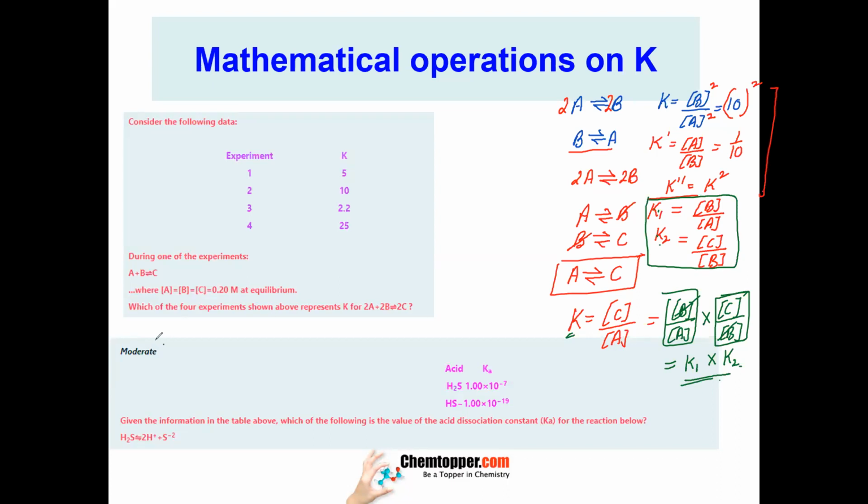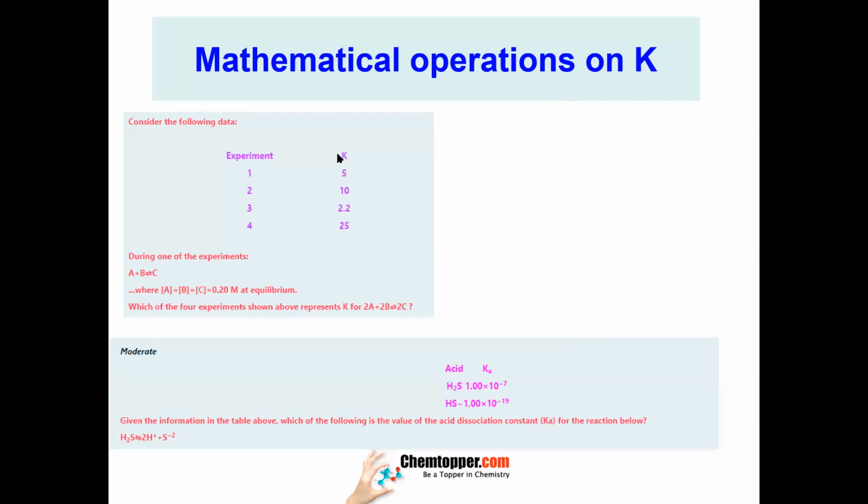So we left here at this question, which is moderate, meaning this is the level of the question. It's not a tough question, but it's a very important question. And I'm going to teach you one more important concept here. So gear up for this question. Ready? Okay. So H2S is in equilibrium with, you're going to write the equations.